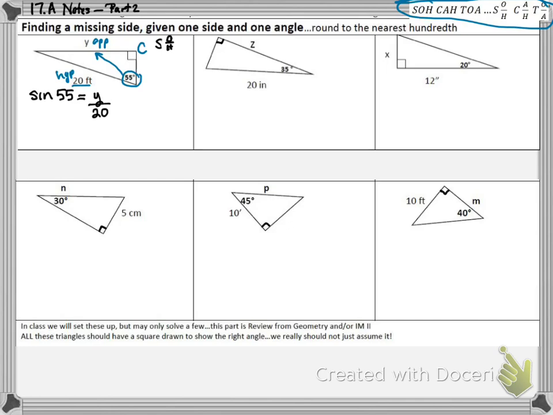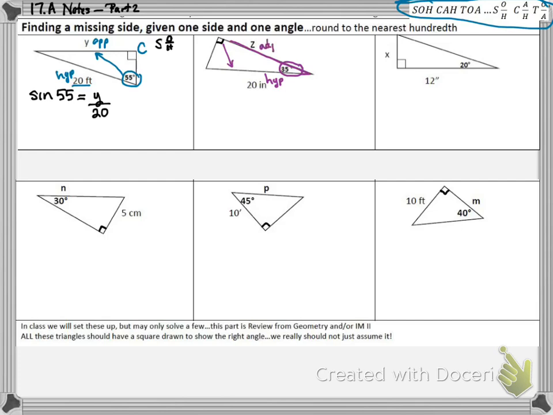Let's look at the next problem. I'm going to do setup for all 6. In this one, the only angle I know is 35 degrees. Over here would be the opposite, but I don't have opposite. I have my hypotenuse because across from the right angle, the longest side of all is always my hypotenuse. And I have this z side, and the z side is coming down and touching the vertex of my 35-degree angle.